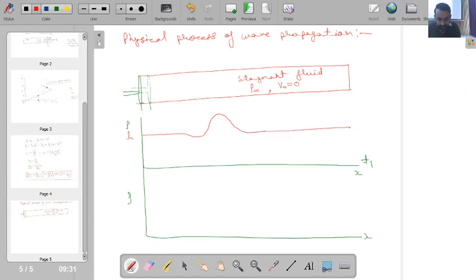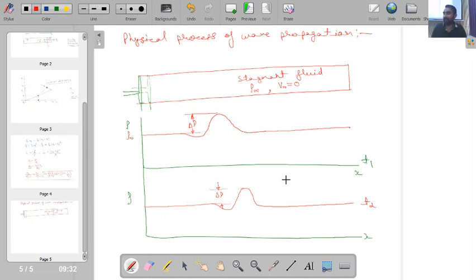So this is rho infinity and this is some higher density over here, and with reference to this I can say this is my delta rho, at some time t1. At some another time t2, I may find that it has slightly shifted further.